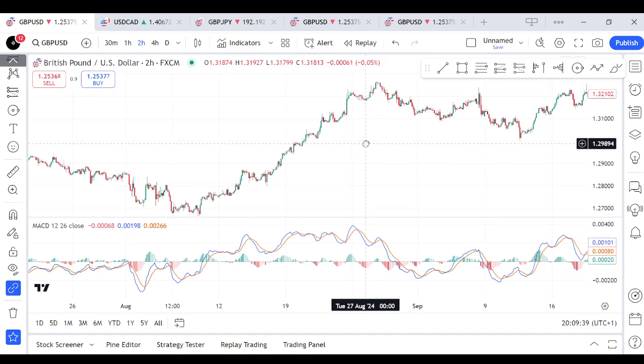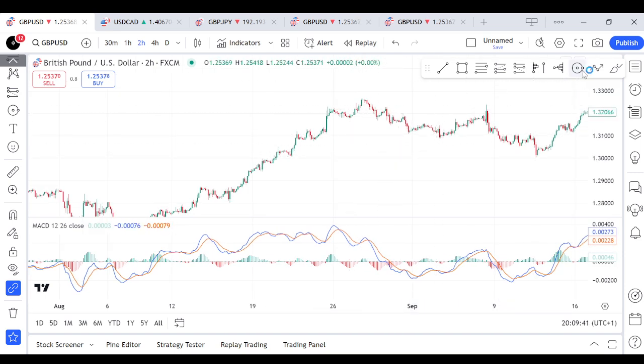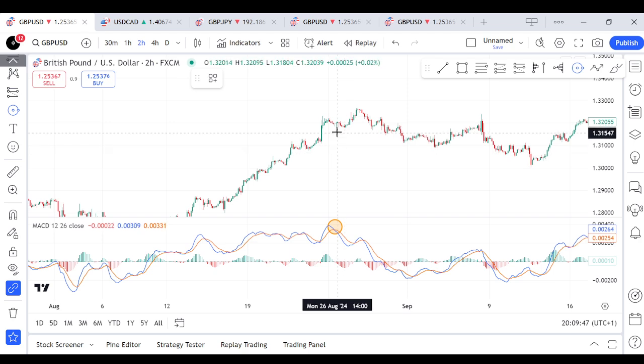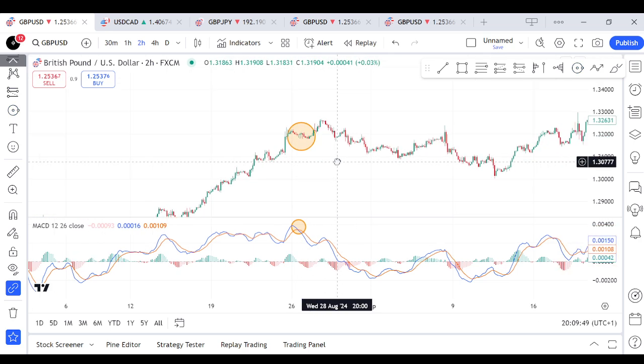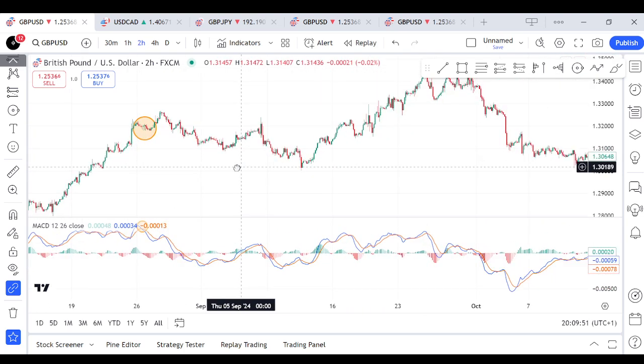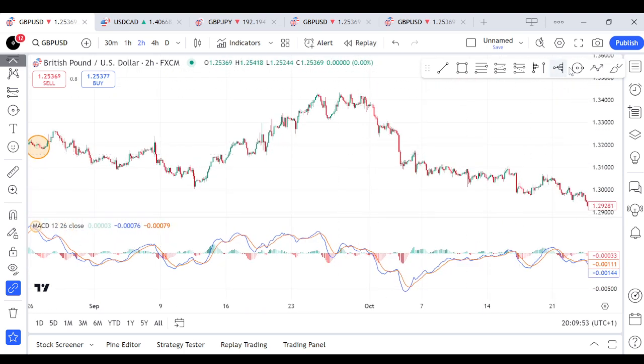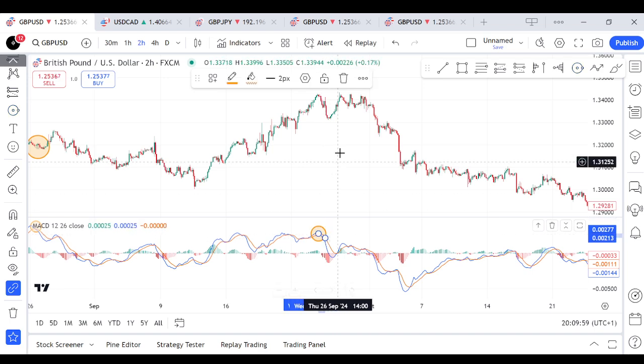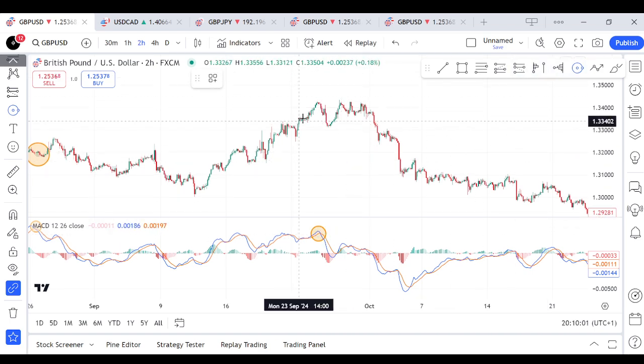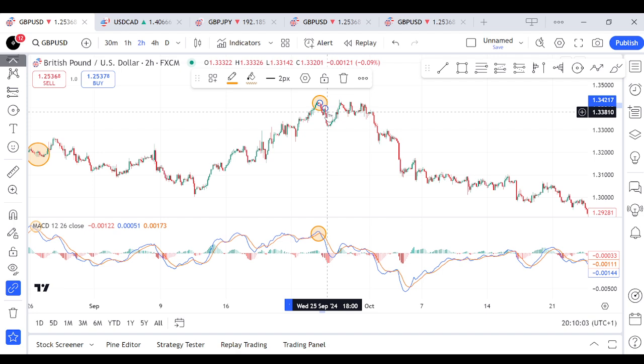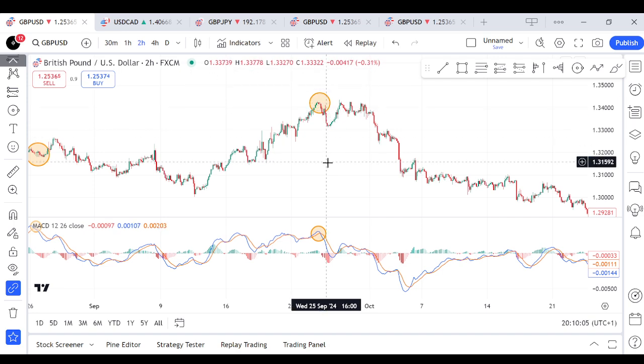You can see this cross to the downside, and you can see it happening here. These are areas where on the MACD we had the bearish crossover. You can confirm that with the price immediately pushing to the downside after that.